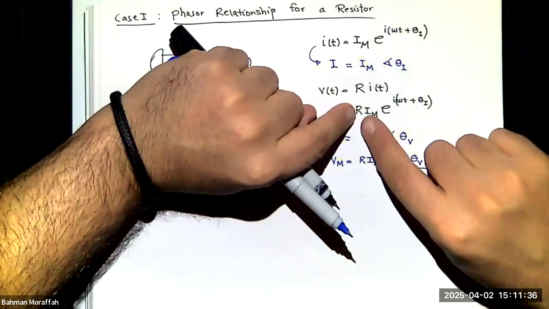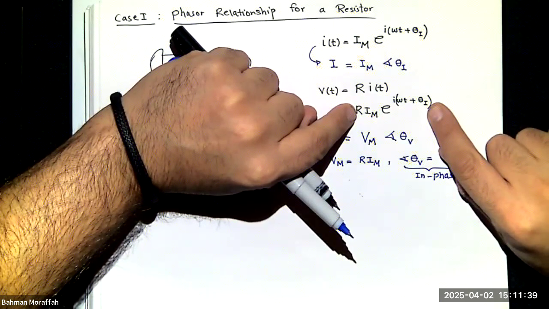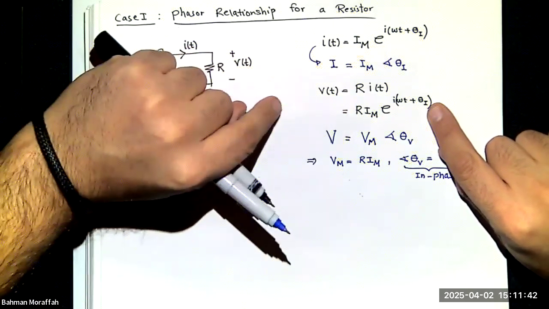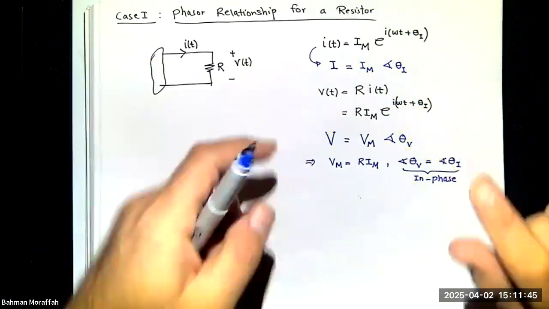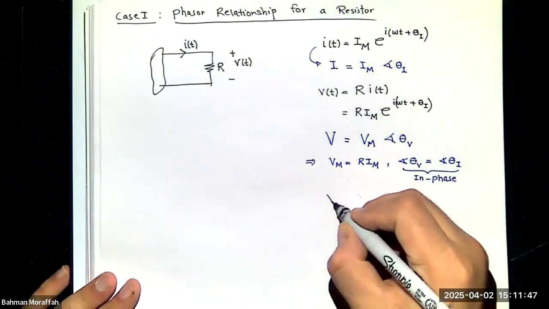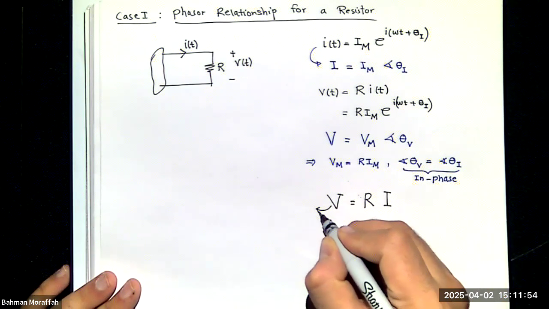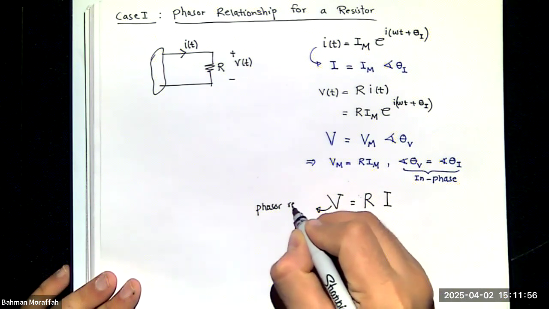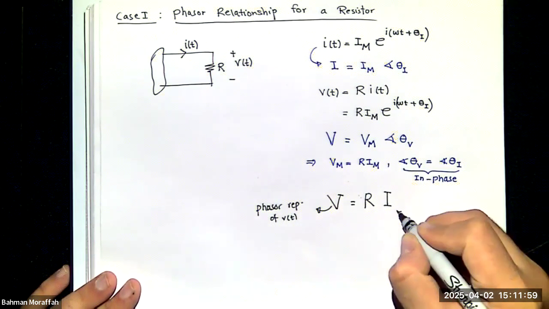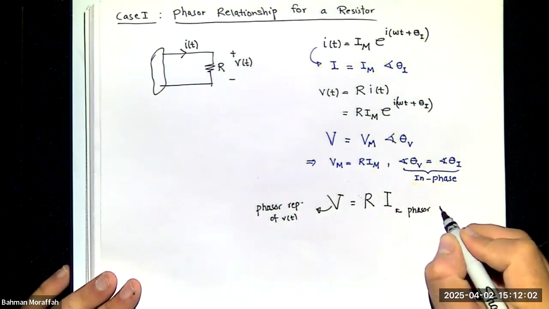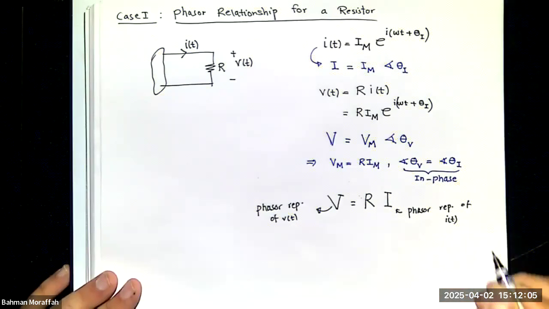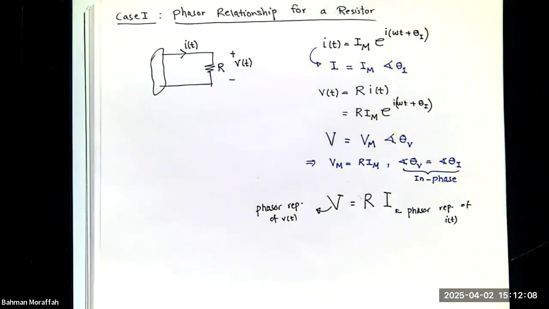R is a constant, so I have R times the phasor representation of I. That should be the phasor representation of V. So what I have over here is that V equals R times I, and this V is the phasor representation of v(t), and this I is the phasor representation of i(t). You with me so far?